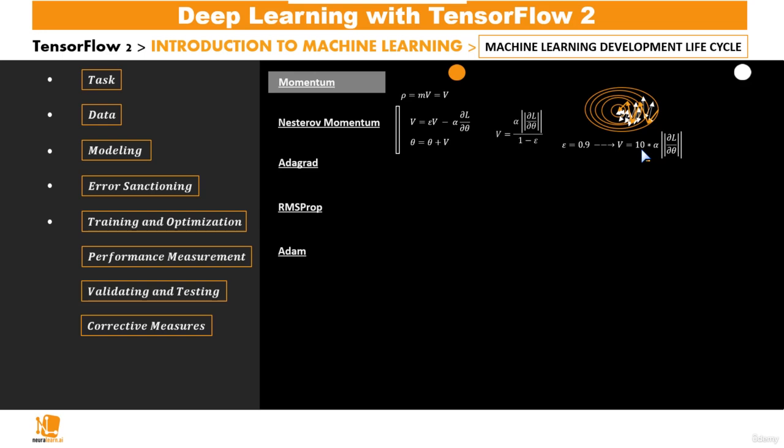So we'll see here that instead of working with alpha times the partial derivative of L with respect to theta as in gradient descent, we're now working with 10 times this. So the speed of the particle, in this case this training algorithm, is increased 10 times.